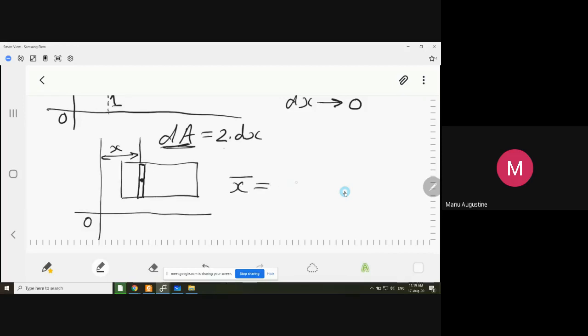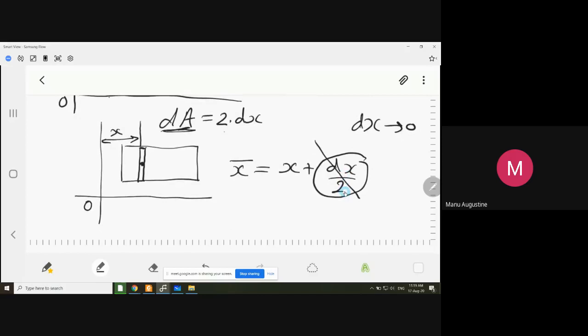It will be x plus dx upon 2, but since dx tends to 0, you can eliminate this term.